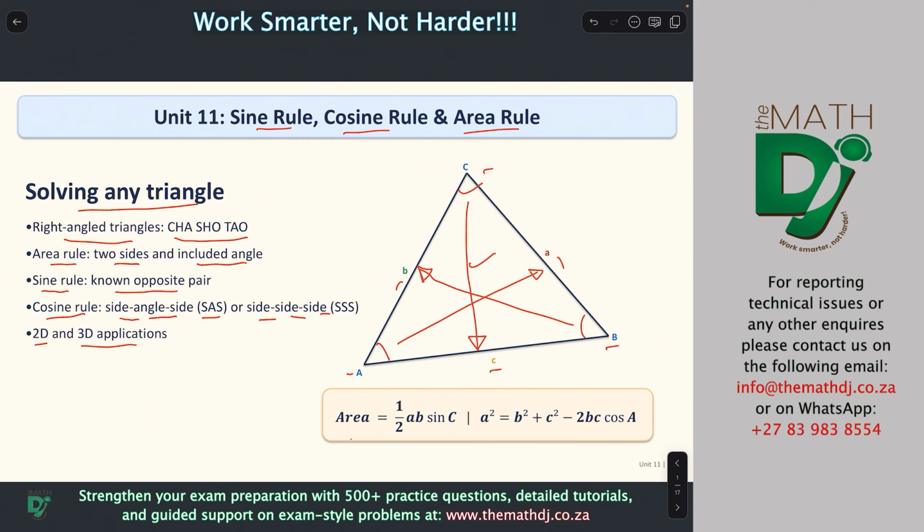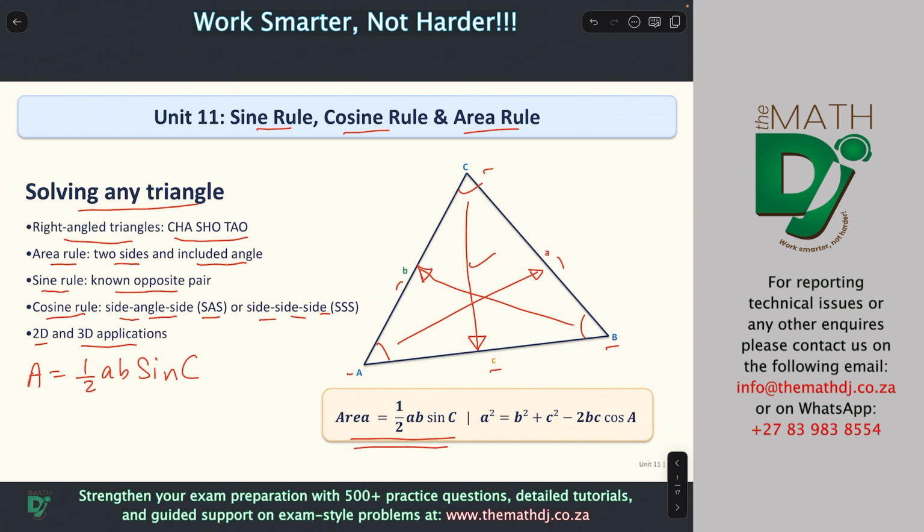In this chapter, for example, we're going to look at the area of a triangle. So we say the area of a triangle is equal to half AB sine C, right?